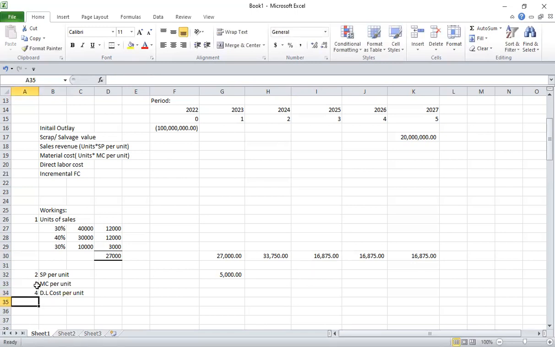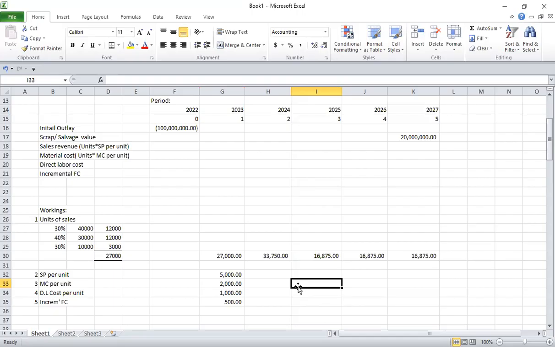And then number 5, we have what we call the incremental fixed cost. We have all of them for year one. For the material cost, we are told that this is 2,000 shillings. The labor cost for year one is 1,000 shillings. And lastly, the incremental fixed cost is 500 shillings.